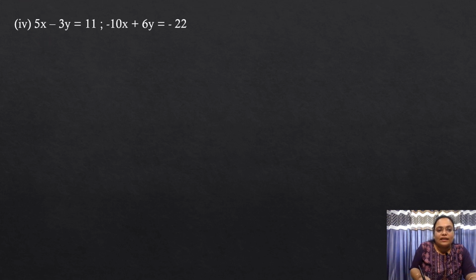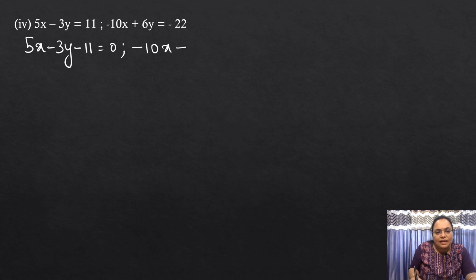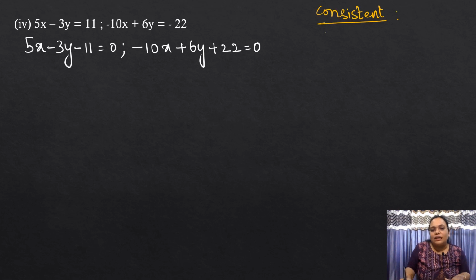So let us quickly get these two equations into general form. 5x minus 3y minus 11 is equals to 0, and minus 10x plus 6y plus 22 is equals to 0. So we know that if it has to be consistent, it has to be intersecting or it has to be coincident.